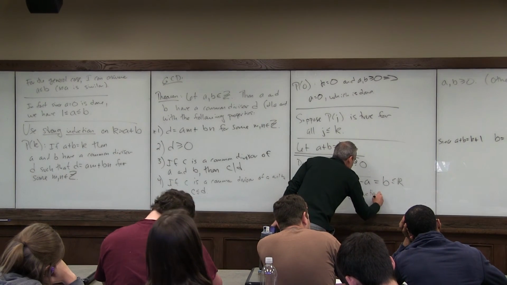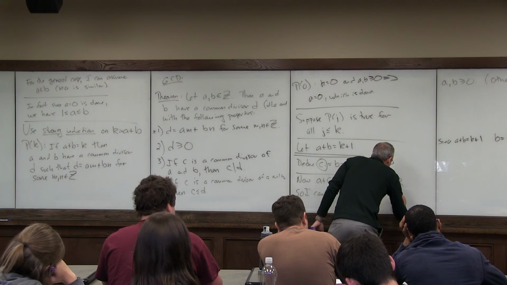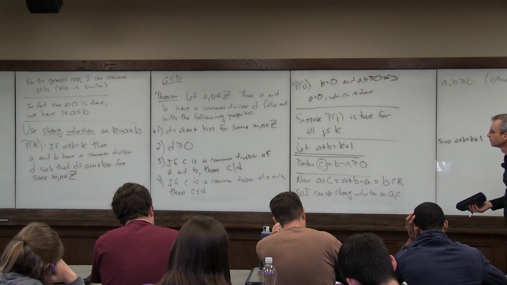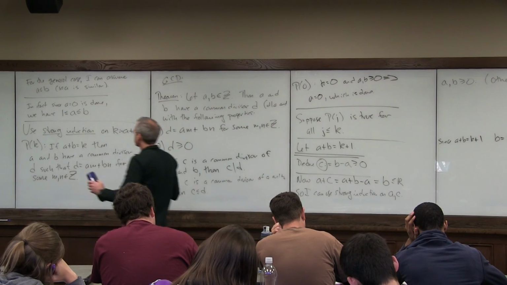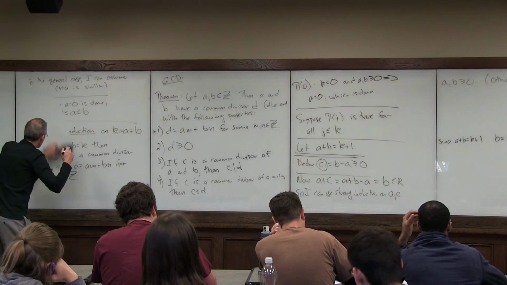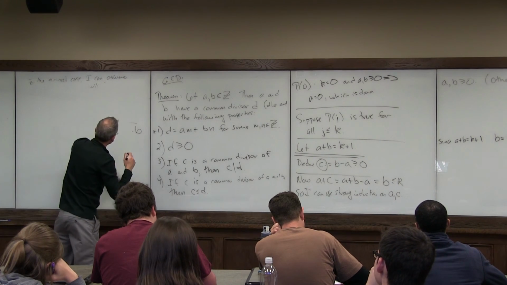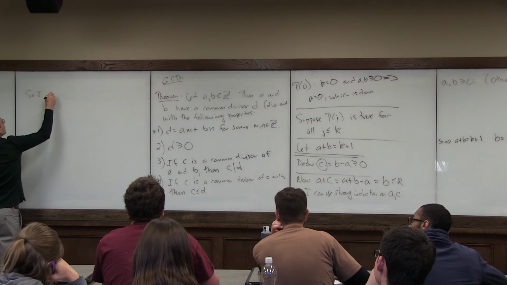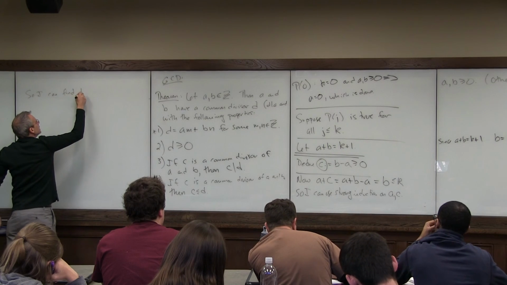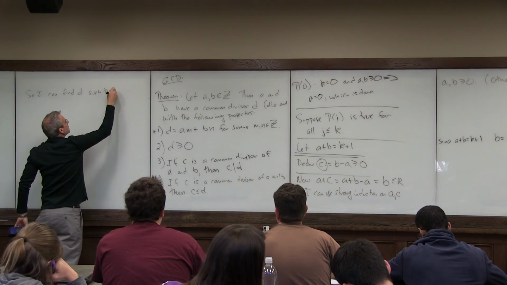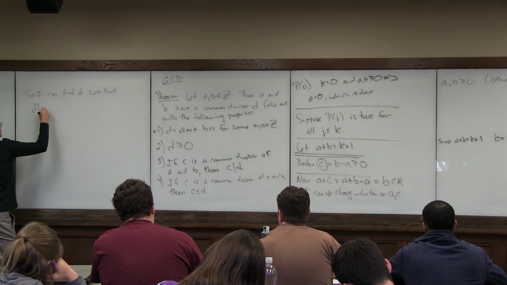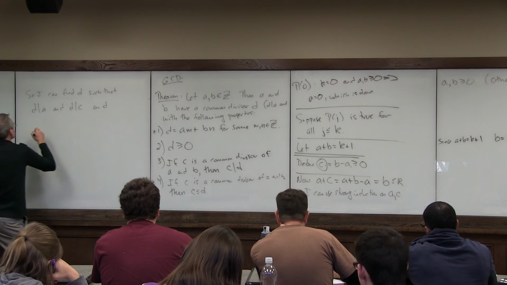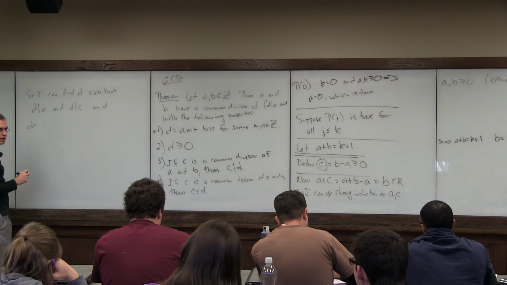on the new pair, A and C. The strong induction tells me that I can find D such that D is a common divisor, so D divides A and D divides C. And D is a linear combination of these two, but I'm going to use different letters.